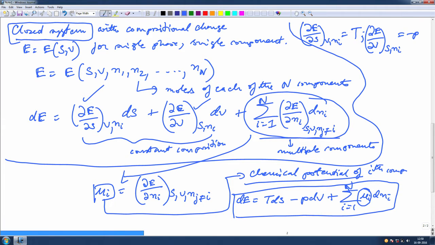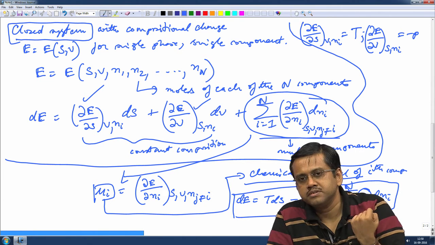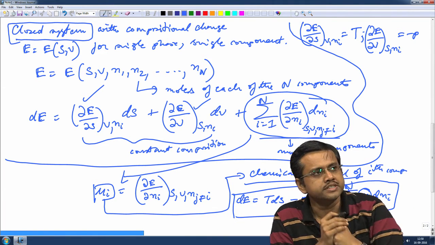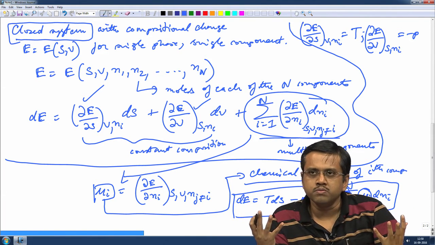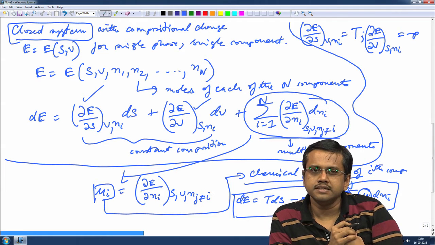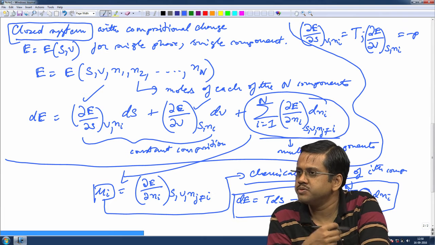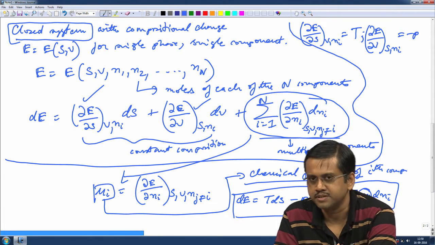Why has that come? That has come because it is no longer a single component system. For example, if you deal with this room, say a bedroom, living room, whatever it is, right. Now, that particular room, what you will find is that it is composed of air, right. Now, air normally, though it is multi-component, sometimes we take it as a single component system, okay.